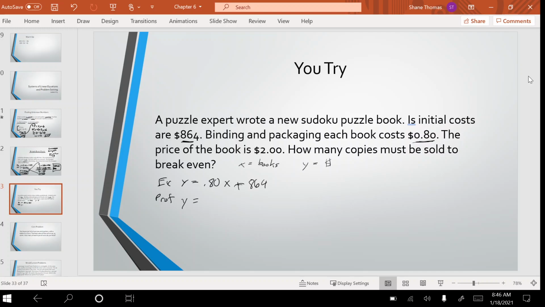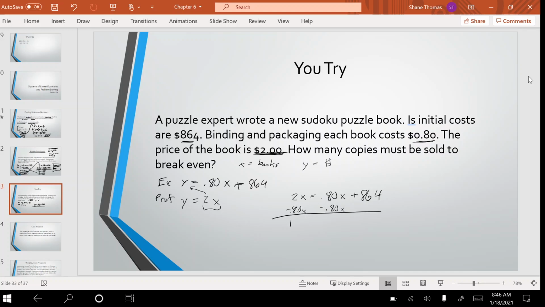All right, now what's my profit equation? y equals $2 times x. Now this one, this looks like straight substitution to me. Plug it into the other equation. So I'm going to have 2x equals 0.80x plus 864. I'm going to subtract the 0.80x from both sides.